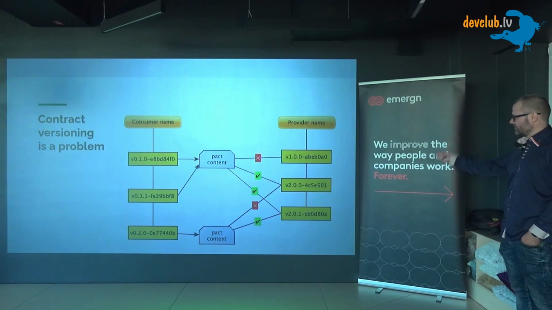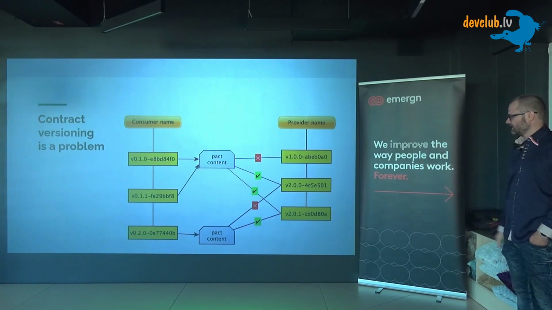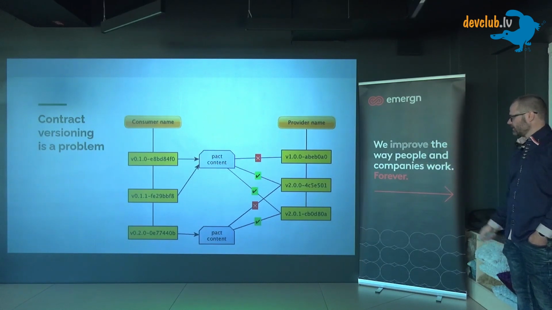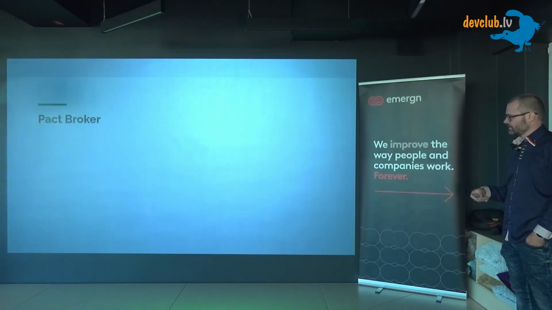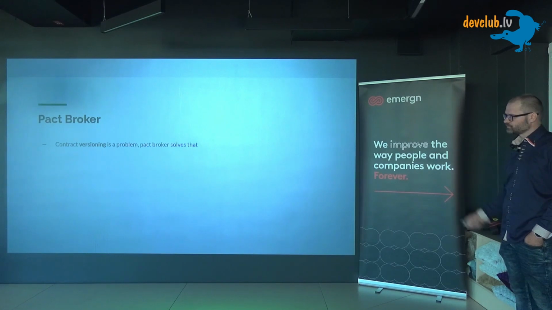So if our provider would just check the latest contract file available from the consumer, it will just fail, even if the version by the consumer is not deployed. It will have to wait for the new version which implements the functionality, and then you can verify it. And that is an issue that the Pact Broker solves. One of the issues.